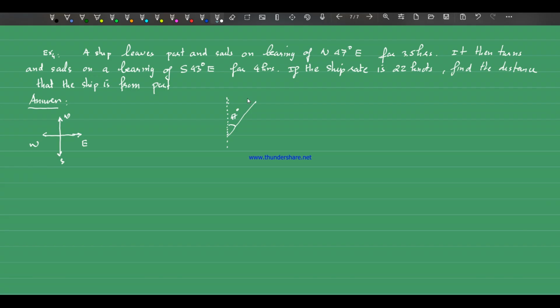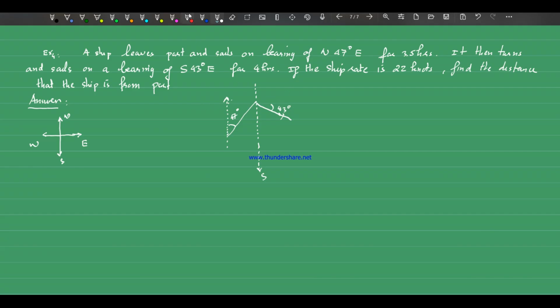For 3.5 hours, it then turns and sails on the bearing south of east. So this is south, and south of east is over here. So southeast, they go like this. This is 43, right?